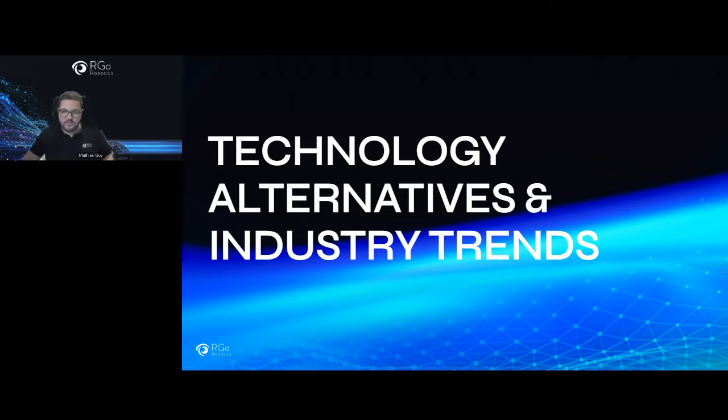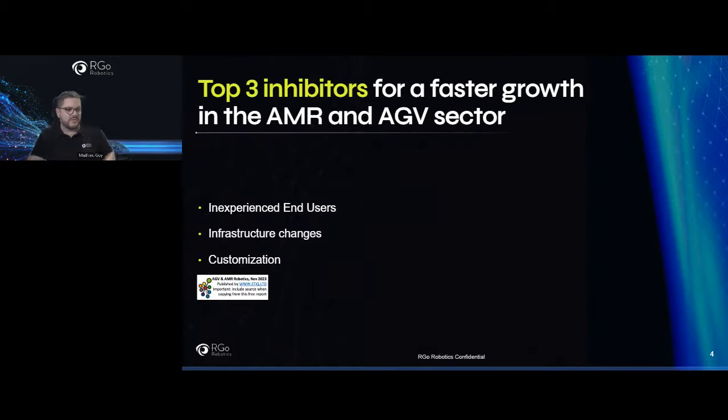As we all know, AMRs and AGVs have been deployed for a long time now in various industries, but according to the latest TIC report, and by the way, I strongly advise you to read this one, very good reading, there are still three main inhibitors that prevent AMRs and AGVs from growing faster.